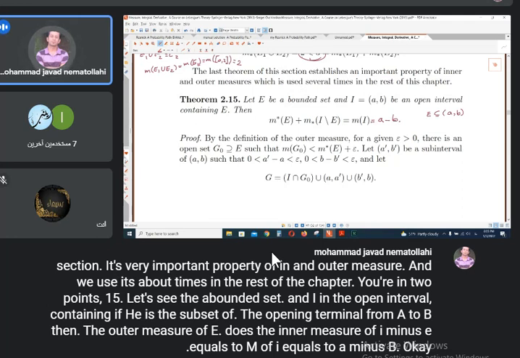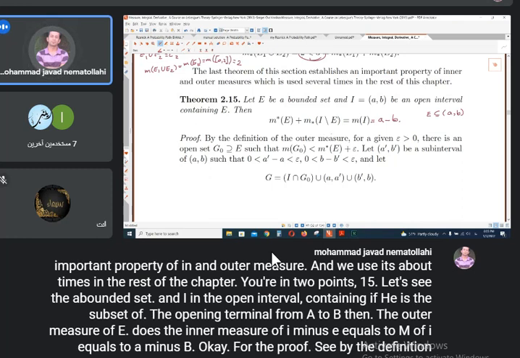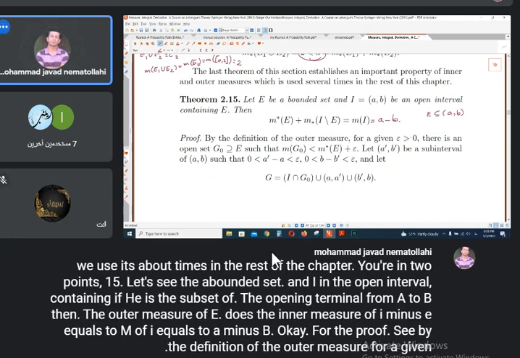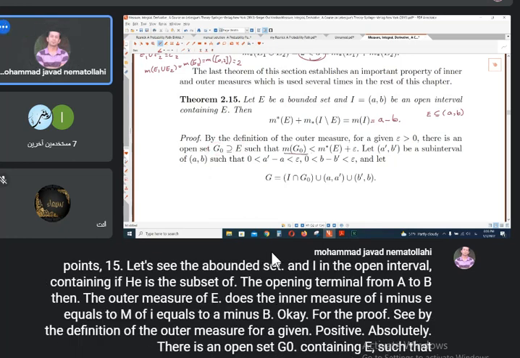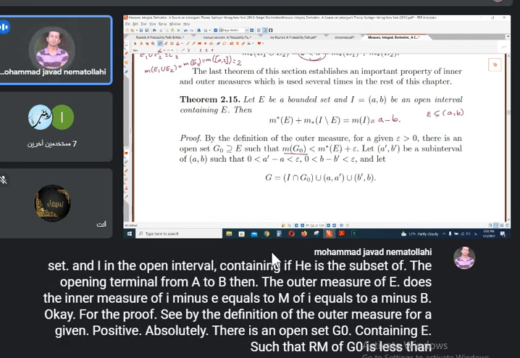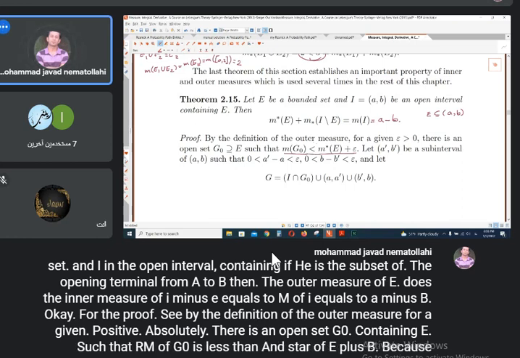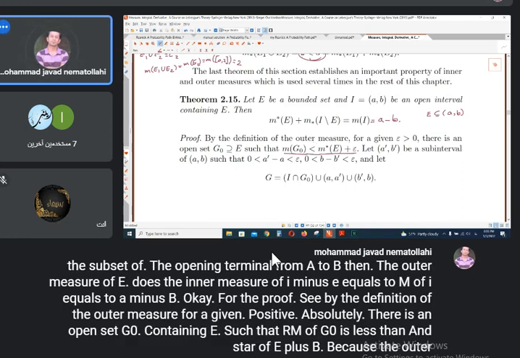For the proof, by the definition of the outer measure, for a given positive epsilon, there is an open set G0 containing E such that m of G0 is less than m star of E plus epsilon, because the outer measure is an infimum.